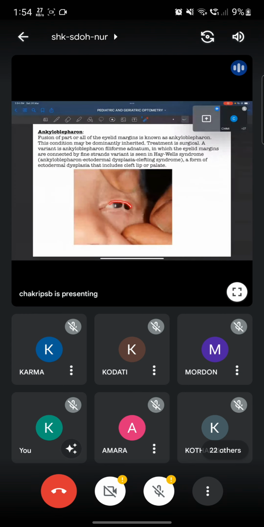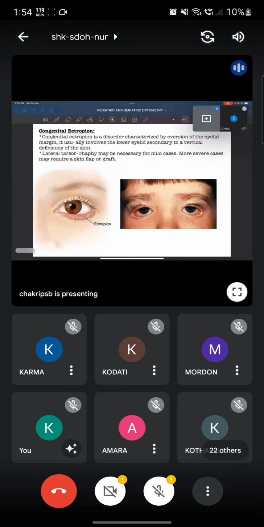Here, this is the upper lid, this is the lower lid. What will happen congenitally is that fusion occurs at the lid margin, the upper lid to the lower lid margin.